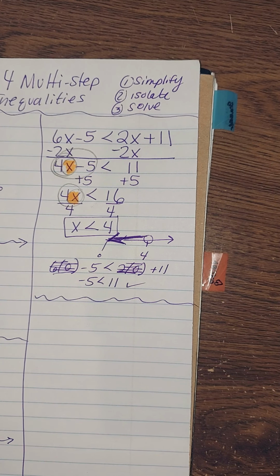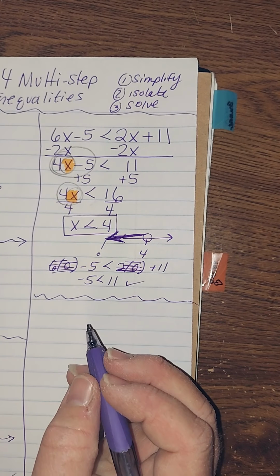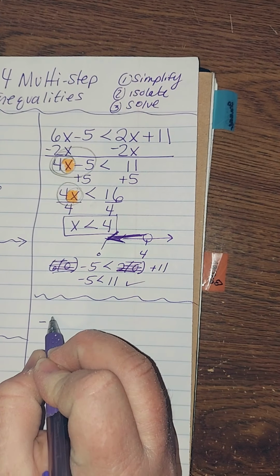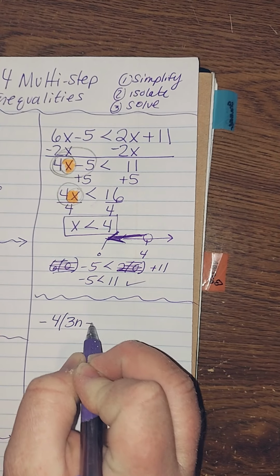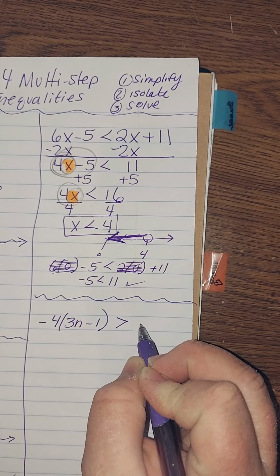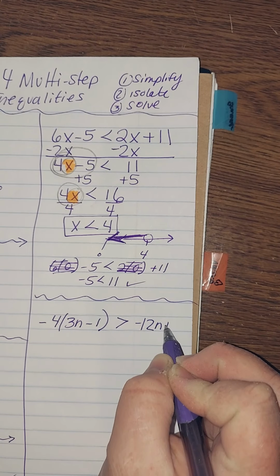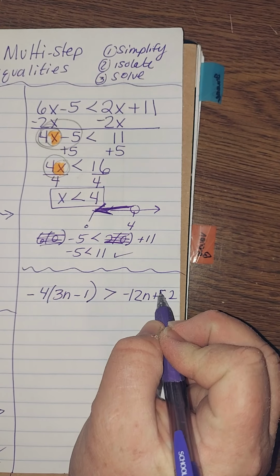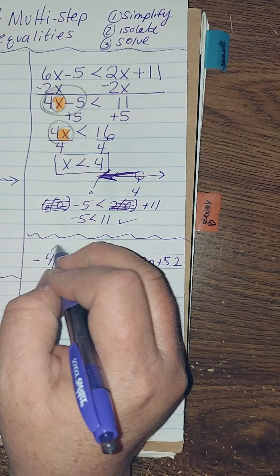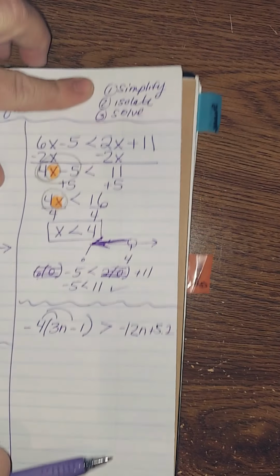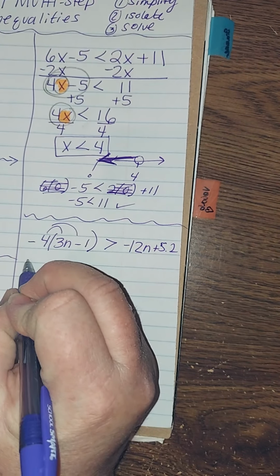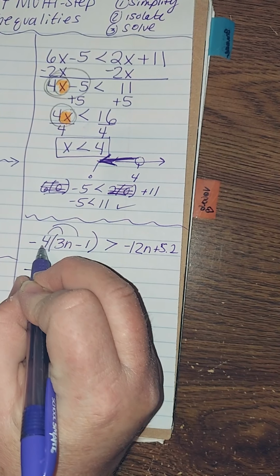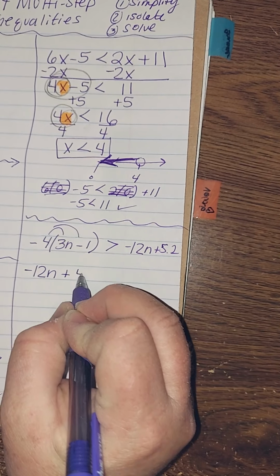All right? Yikes. What do I do if I run into a problem like this? That's a 5, sorry. All right, let's distribute because that's part of the SIS, the simplifying. Negative 4 times negative 1 is positive 4.